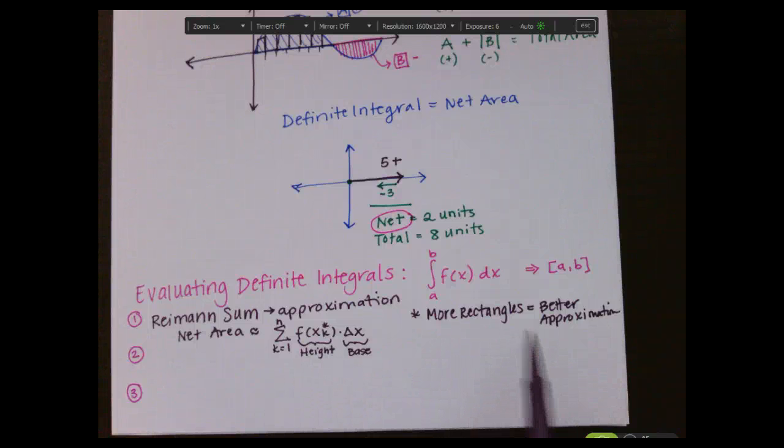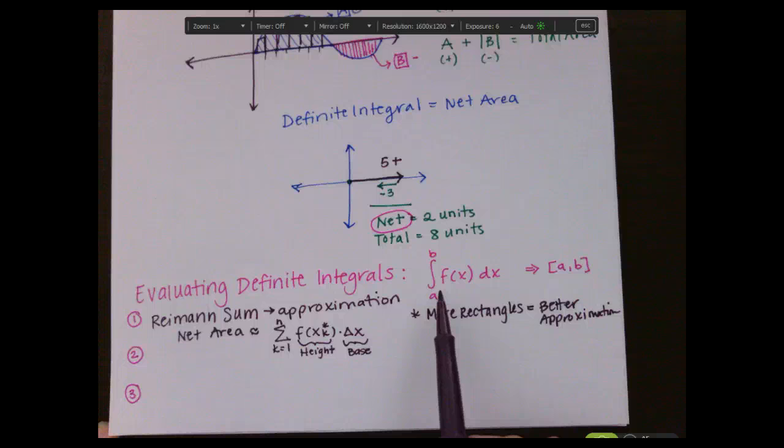But if we really wanted an accurate answer for the area under the curve, we'd have to do hundreds, thousands, tens of thousands of rectangles. And obviously that's just not very practical when doing these calculations by hand.